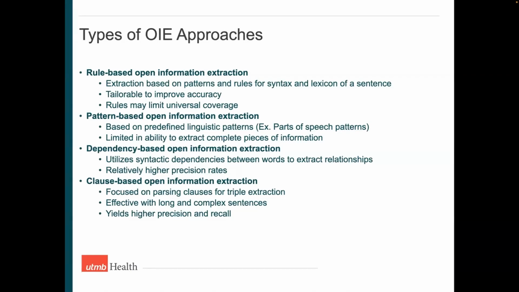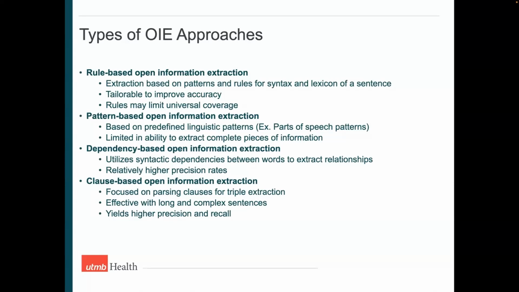By examining the syntactic connections among words within a sentence, dependency-based open information extraction analyzes the grammatical relationships to extract relations between entities. And then finally, clause-based open information extraction segments sentences into their individual clauses and subsequently extracts relations from each of these clauses.